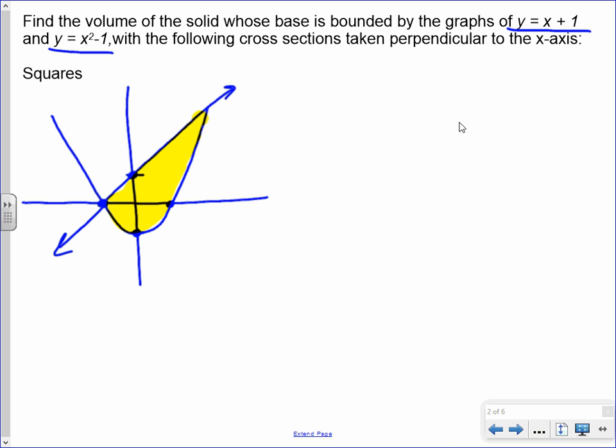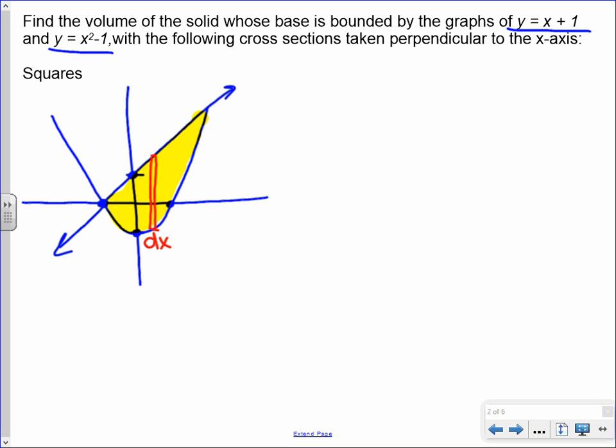Okay. What's happening is we have bases perpendicular to the x-axis. So I'm going to draw in my rectangle perpendicular to the x-axis, which means dx. And all of these are squares. Okay. So basically, no matter what rectangle we would draw, it's going to create a square popping out at you from your page.